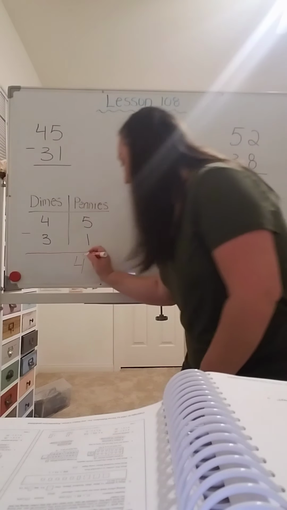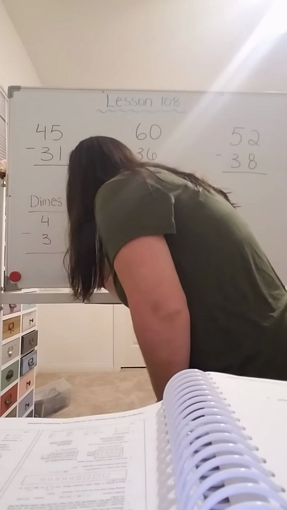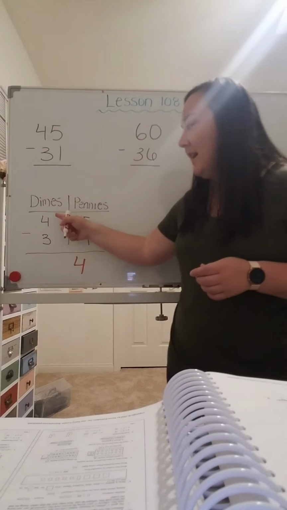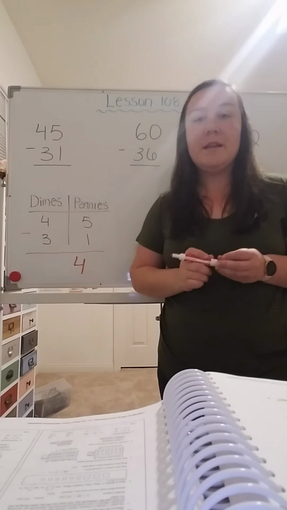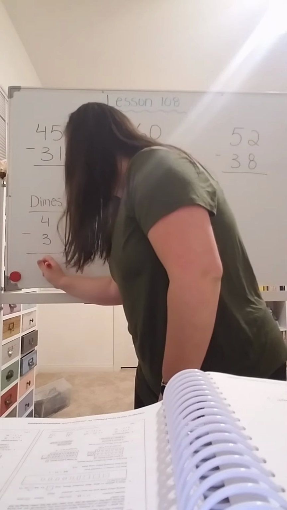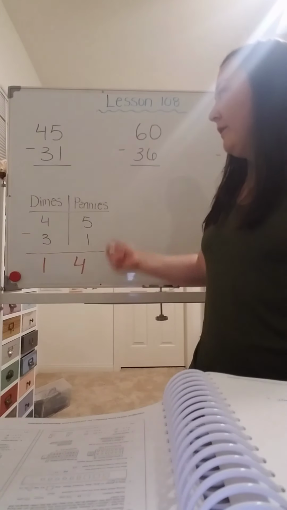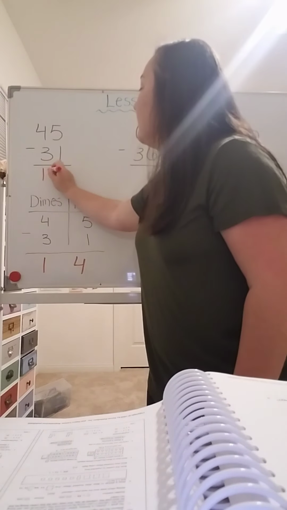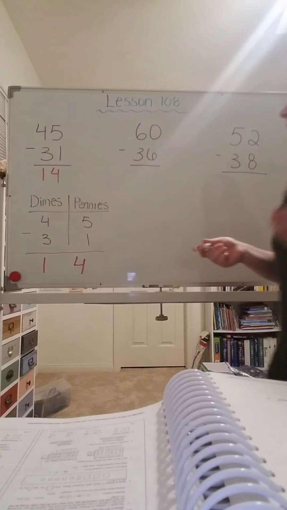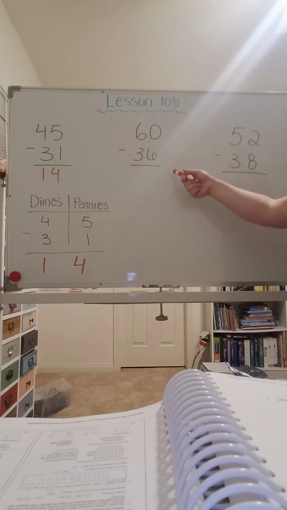On the dimes side, 4 dimes minus 3 dimes is 1. So the answer would be 14.